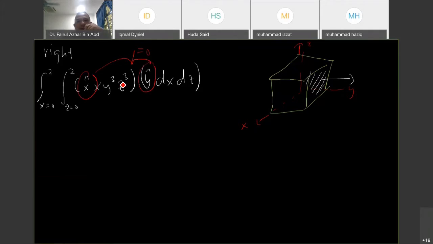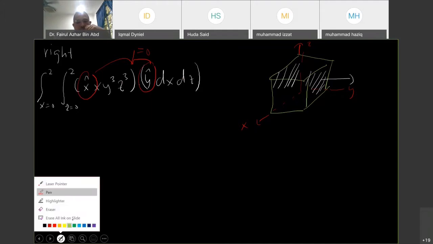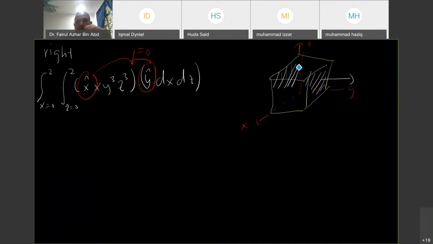And actually, the same goes for the left surface here, as well as for the top and bottom surfaces. Because our vector D is in the x-cap component, when we deal with, for example, the top side of the surface, the direction of the surface is in the z-cap direction.